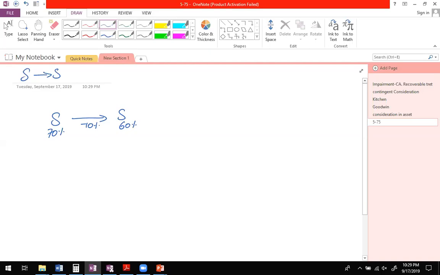Now in this case, rather than assuming that we have disposed of 70% and reacquired 60%, the treatment is different. The assumption will not apply onto this case.